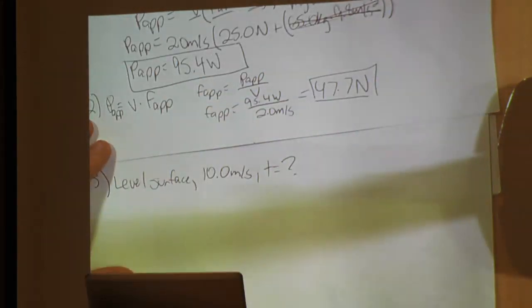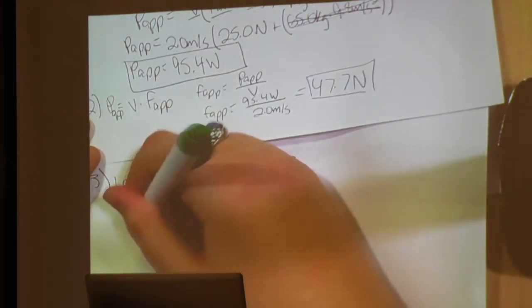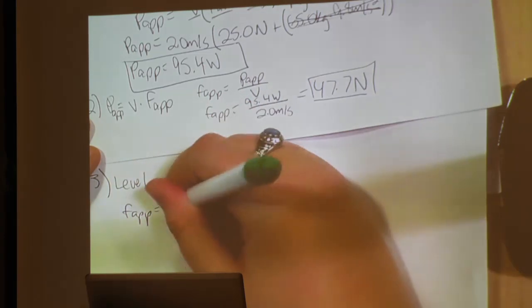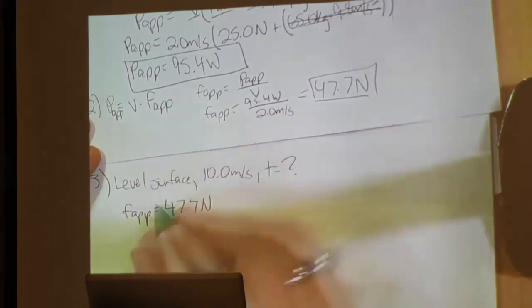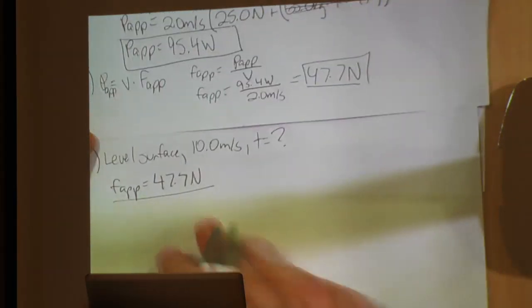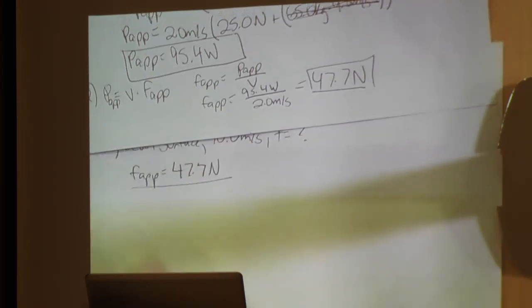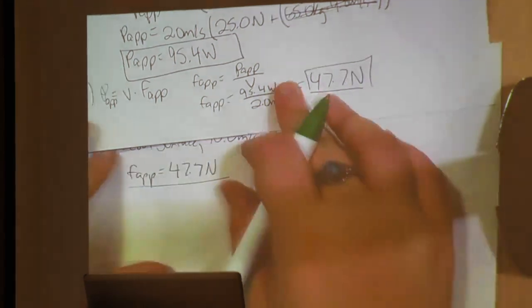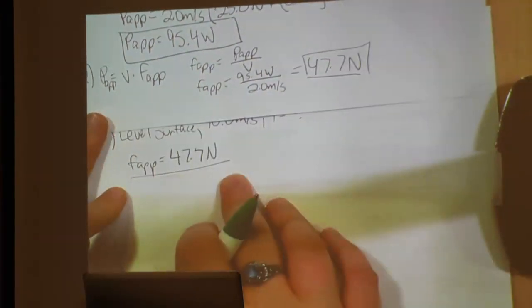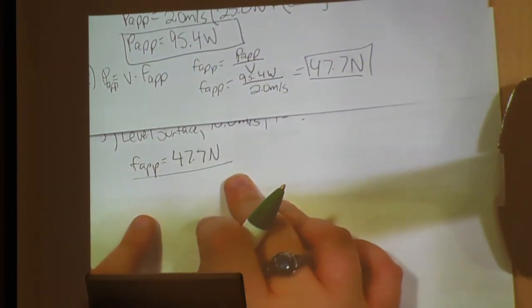So this is a great question. Building on what I just said, we're going to use the force that we just calculated. We just found the force applied is equal to 47.7 newtons. And we can use that to find the net force that's being applied as we're going across the flat surface, and then plug it into some kinematics, and find the velocity and the time and all that. So, force applied is 47.7 newtons.